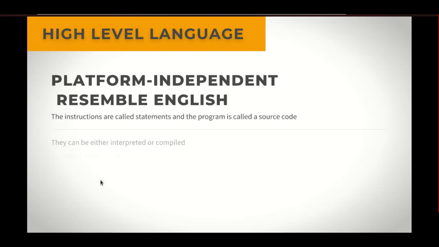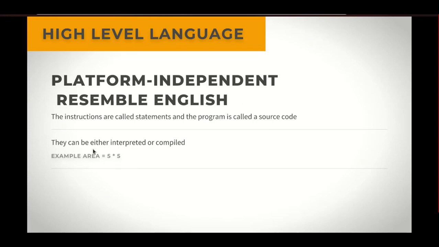But in high level language we write our code like we would speak, so it has high resemblance with English, so that's why it's very high level. And the codes we write in high level language are also called source code, and the specific instructions are called statements.